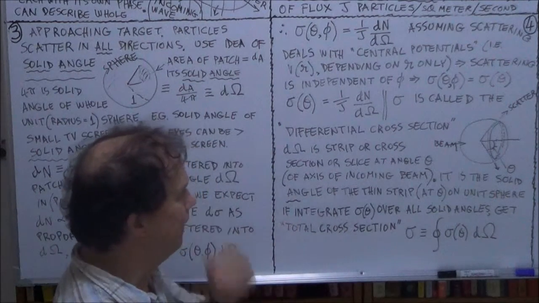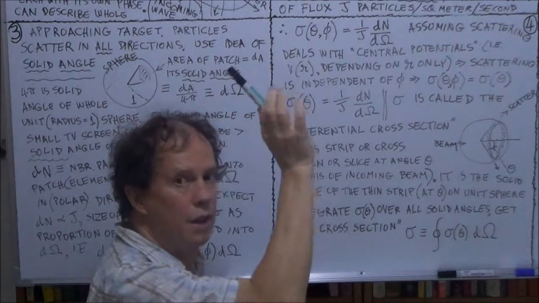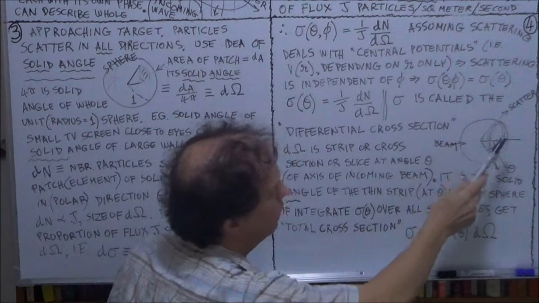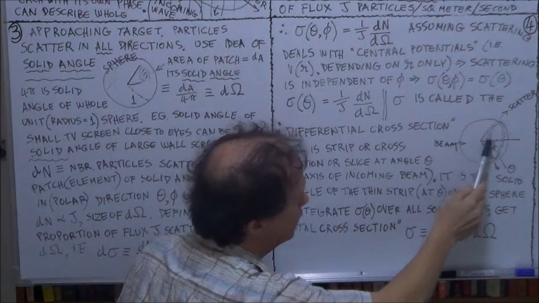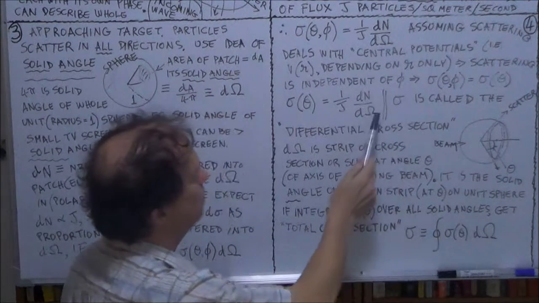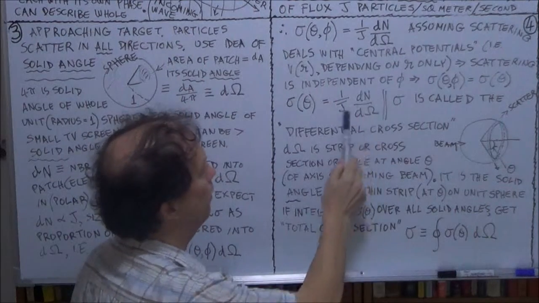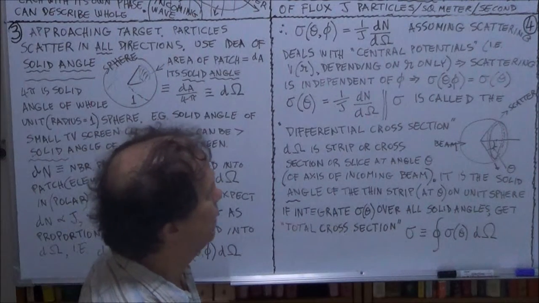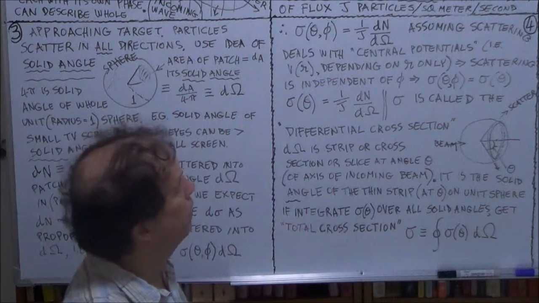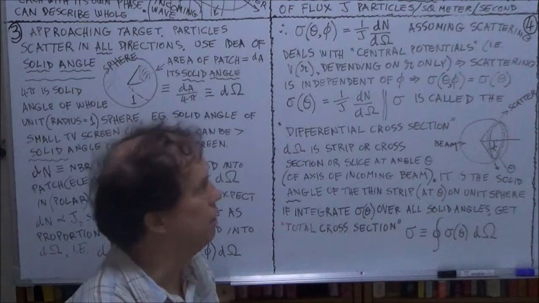The cross-section is a result of cutting the unit sphere twice, getting this very thin slice of melon. And then the surface area along this strip, that's your solid angle, d sigma, and hence cross-section. Okay, I'll run out of board as usual, so I'll stop there.